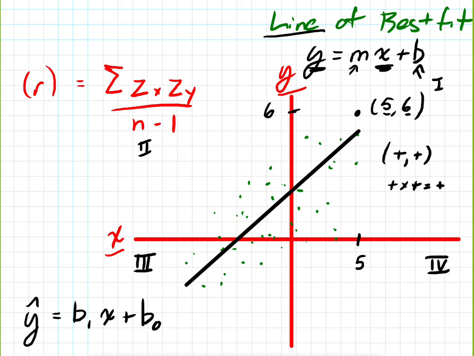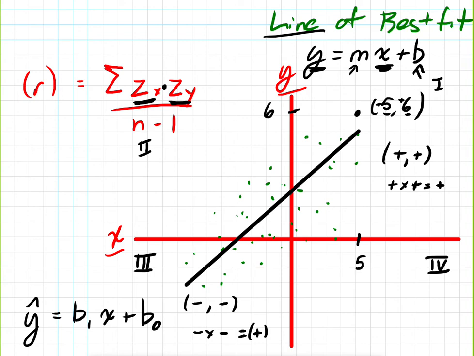So this value multiplied by this value is exactly this concept, zx times zy. The standardized value of x and the standardized value of y, when you multiply them, give a positive. And this quadrant happens to be negative and negative, and when you multiply negatives, you also end up with a positive value.